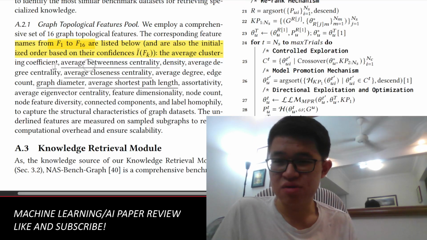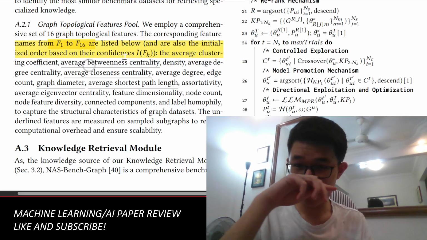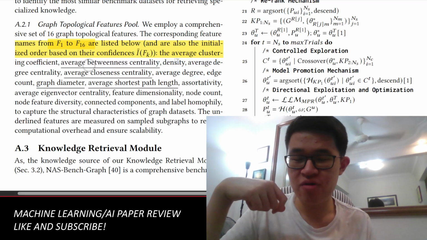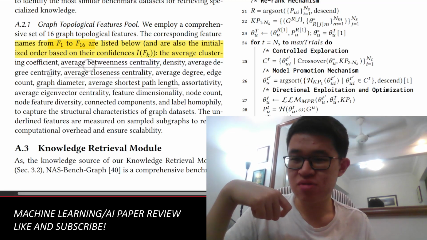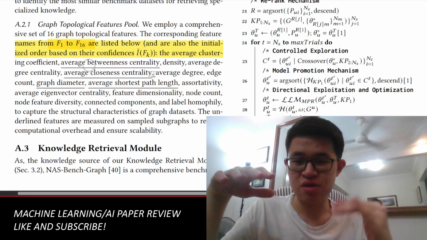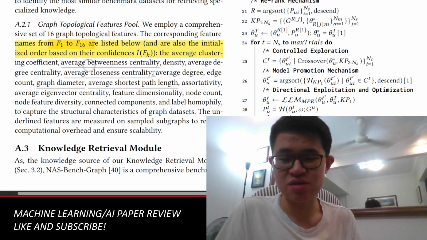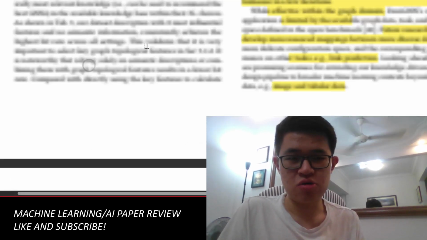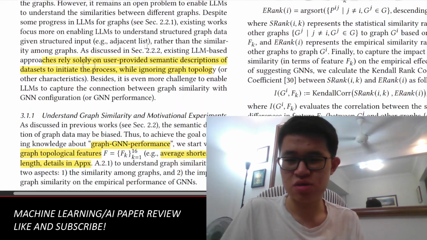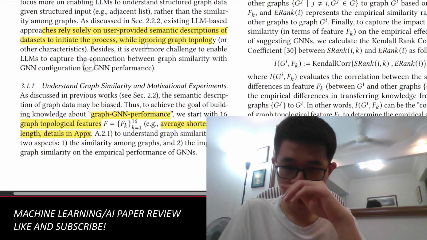The average clustering coefficient, average betweenness centrality, density of the graph, average degree centrality. So there's a whole bunch of features here from graph theory that they use. Now that we understand that, let's go back to the main text.